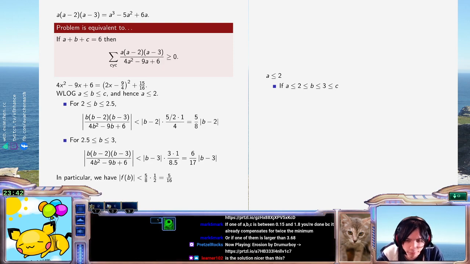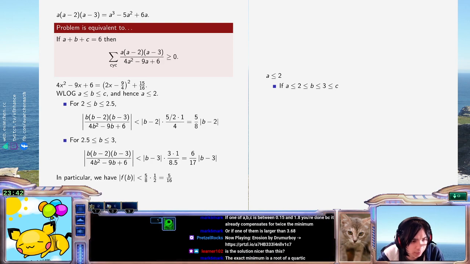Is the solution nicer than this? Probably, but I don't know what to do. Yeah, I don't want the exact minimum. I only care about getting the slope of the tangent at each point.